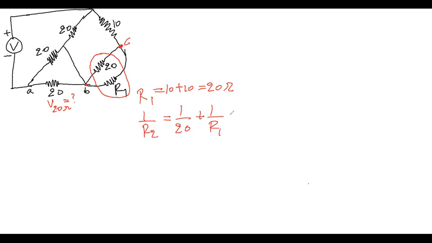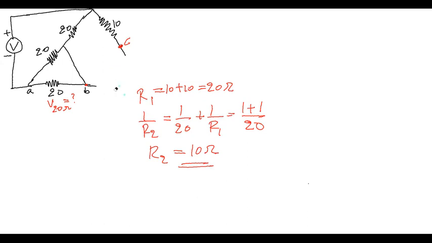R1 is 20, so this will be 1 over 20 plus 1 over 20. So R2, if we solve for this, will be 10 ohm. So the parallel combination of these two will be 10 ohm. So I'll first remove the 20 ohm resistor and R1, and replace their combination with a new value, which is R2.